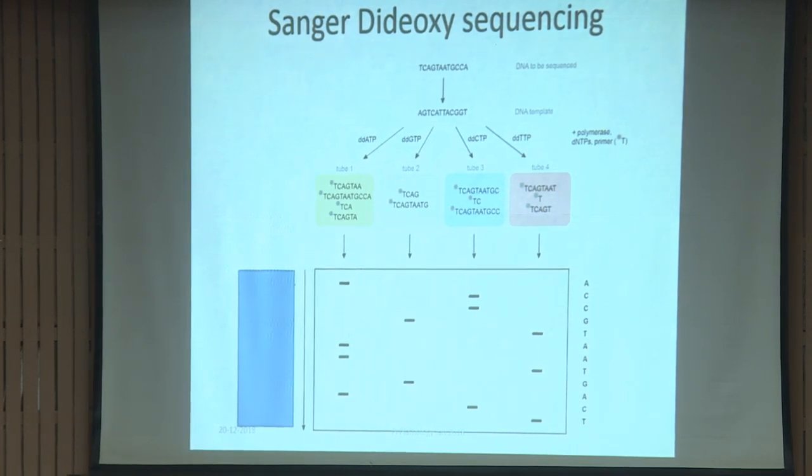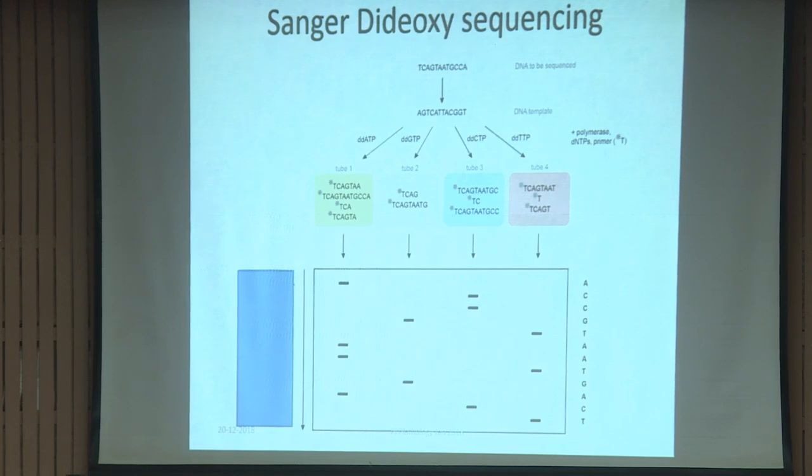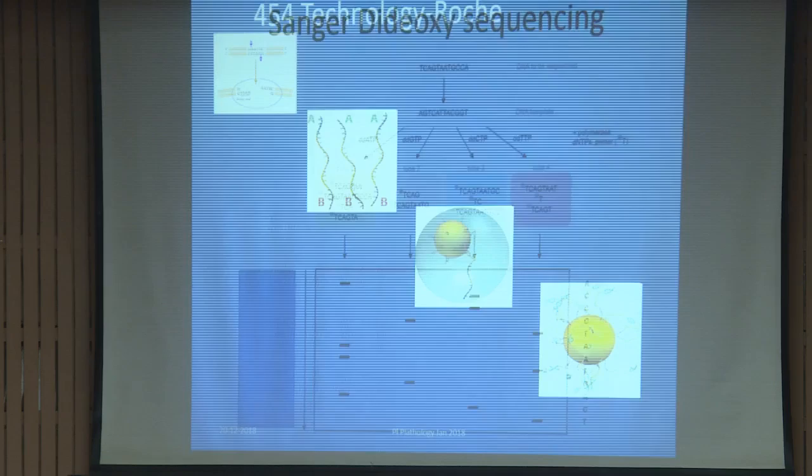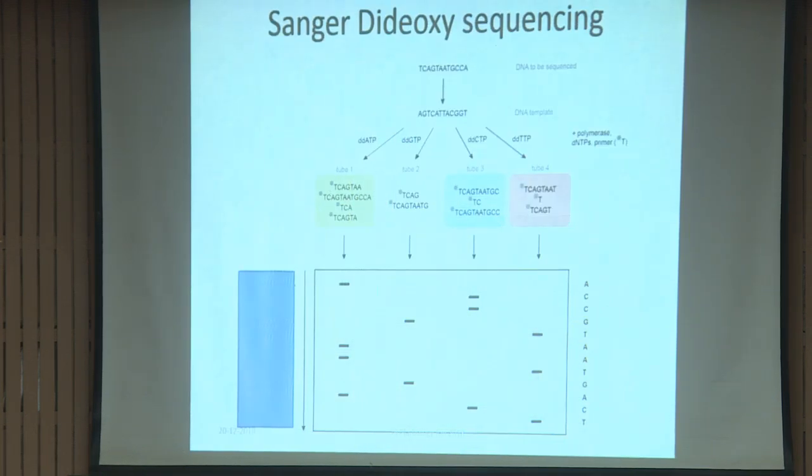Now, Sanger sequencing can take you up to 1 kb, that is the maximum read length for a single fragment. But if you run multiple samples, you can finish 384 samples in 2.5 hours.